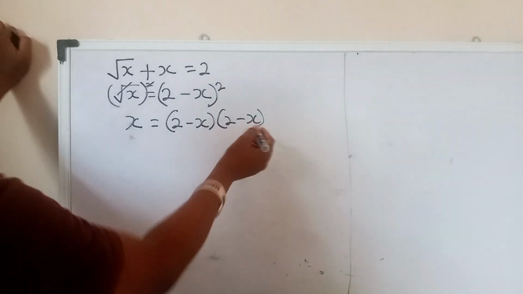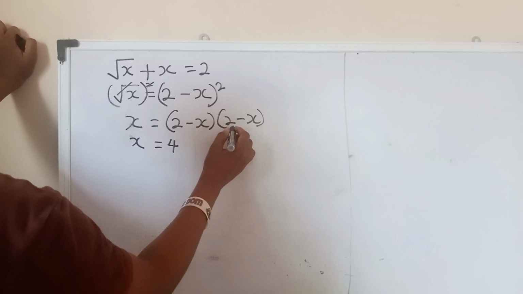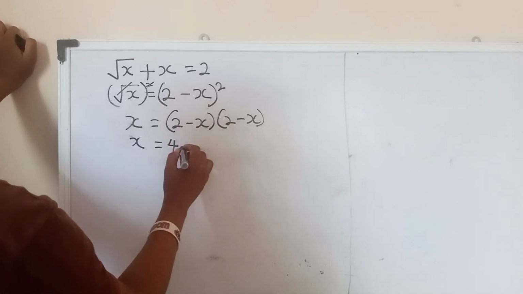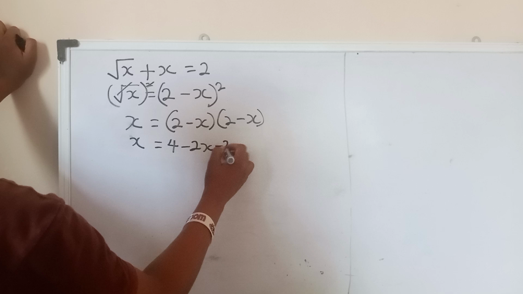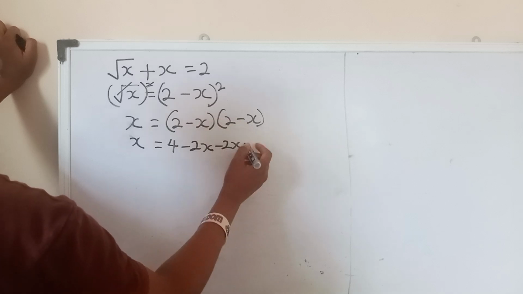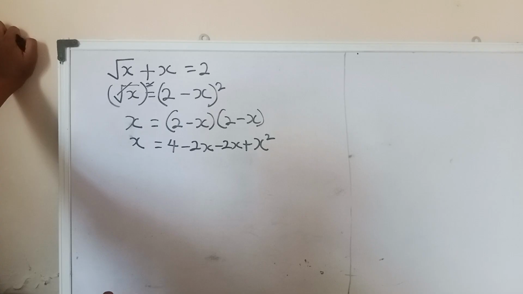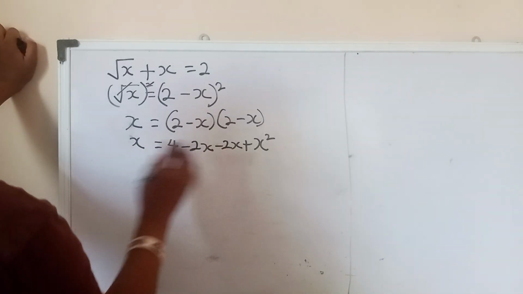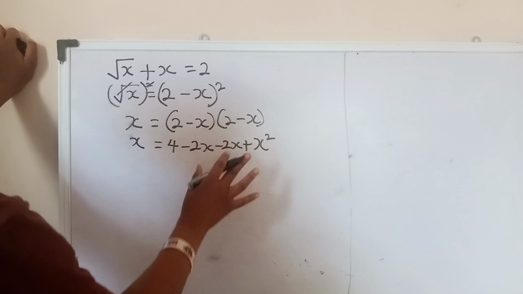So we're going to open this up and we have 4, 2 times 2, 4, 2 times this, minus 2x, x minus x times 2, minus 2x, minus times minus, plus x times x, x squared. So we're going to move this to the side and rearrange them to look like a proper quadratic equation.